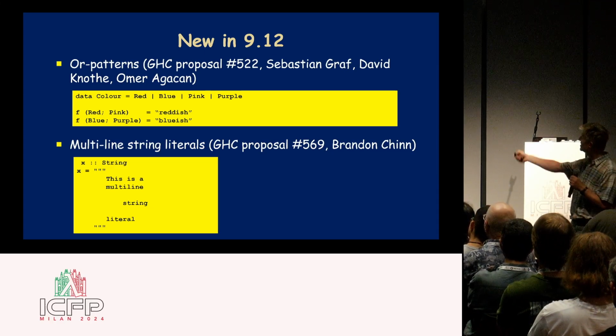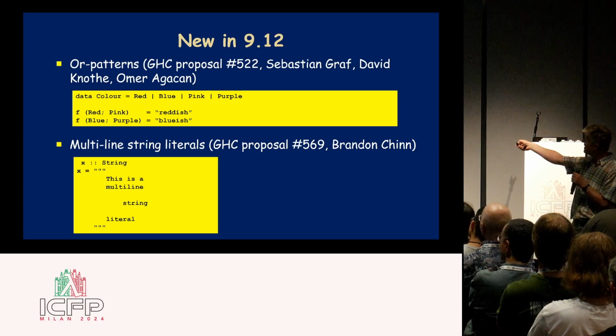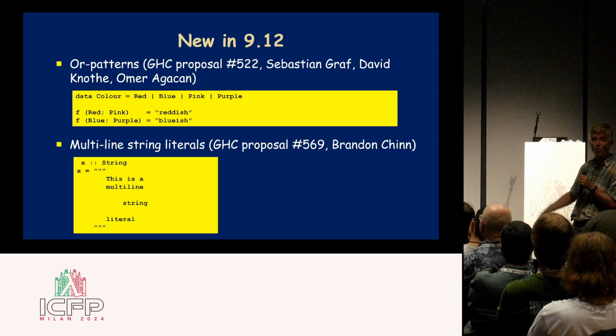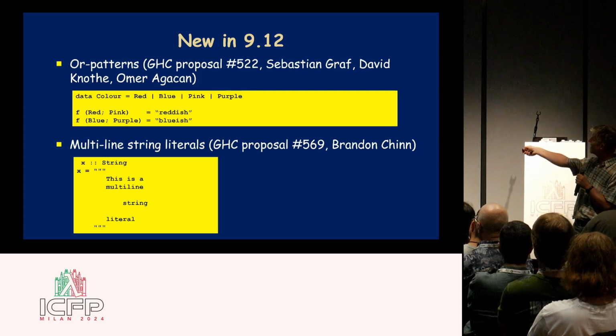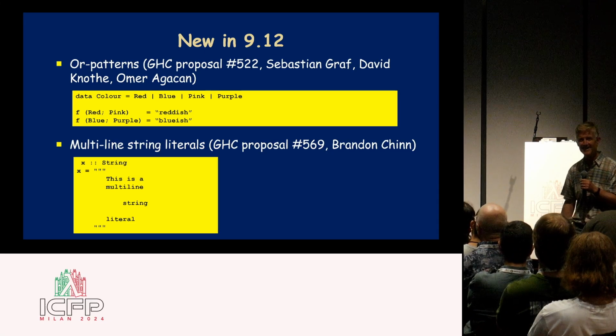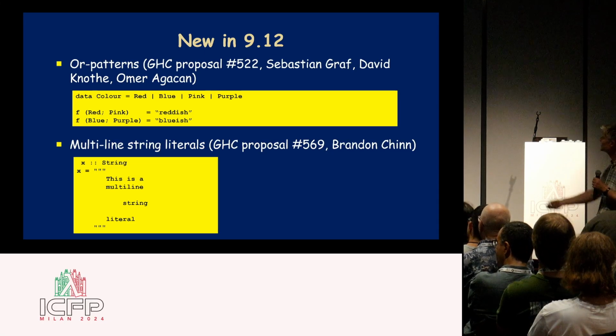These are ones that do not bind any variables. So here, if you've got this enumeration type, you can match on red or pink, and here match on blue or purple. That's quite convenient sometimes. Not very hard to design, not very hard to implement. It took a surprising amount of hoo-ha to get the proposal decided, partly because there is a design space here.